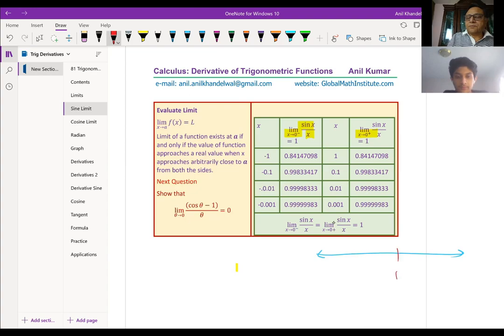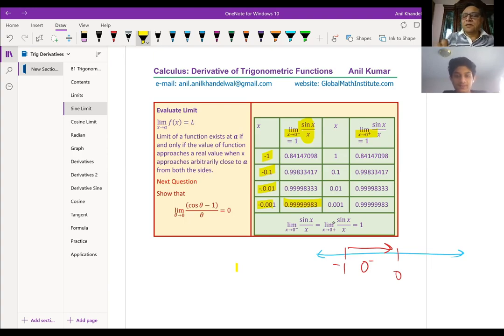From the left side means minus. In that case, you could start with, let's say, -1 and come closer and closer. So we have values for sine x over x for -1, -0.1, -0.01, -0.001. You see it approaches 0.99999, which is as good as 1.